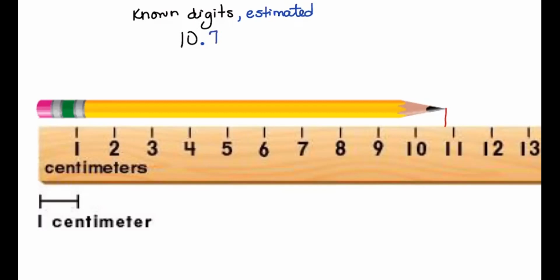There may be another student that says, well, I think this is 10.8. Now, which one of the two measurements is more correct? The 10.7 or the 10.8? Which one is more correct?